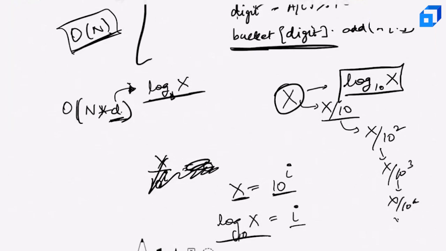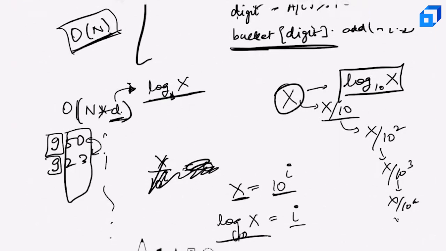For example, here as well, I had 950 and 923. They'll both go to the 9 bucket. Now, how do you decide the ordering between these? If you have a lot of numbers in the bucket, how do you figure out the ordering between those? That is not clear. So you can't decide only based on the most significant digit. You'll need to somehow sort those that have the most significant digit as 9 as well. Internally, you'll need to sort them.